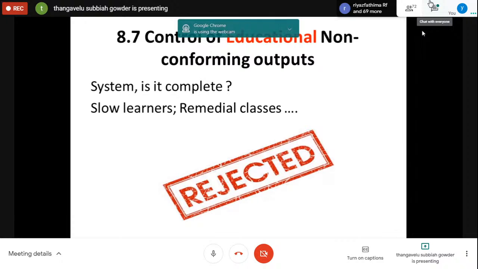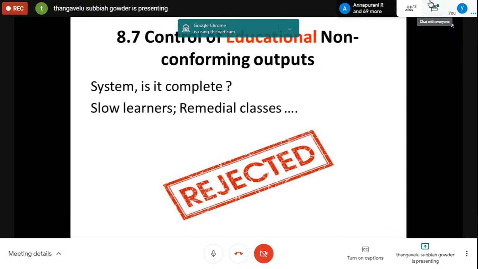This non-conforming output means it is in the form of marks, discipline, and suppose a faculty is not able to complete that subject within the stipulated time, and because of that, questions were asked out of the course syllabus. So you have to identify what is the reason behind it, and you have to ensure, okay, these are the corrective actions we have taken.